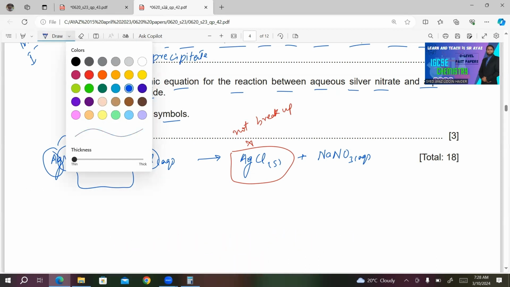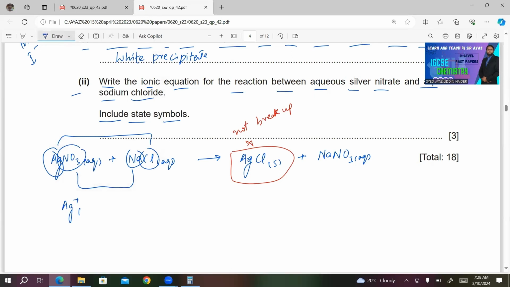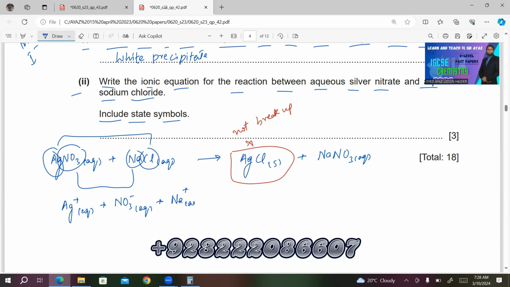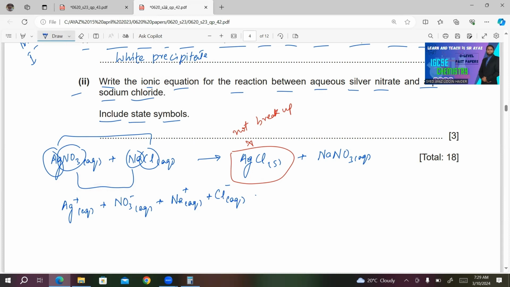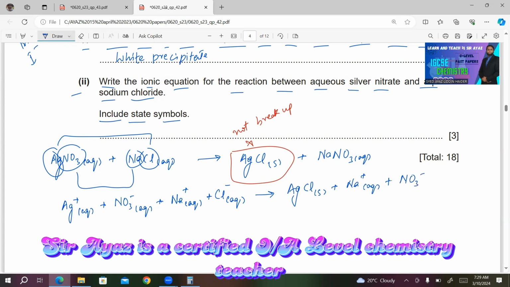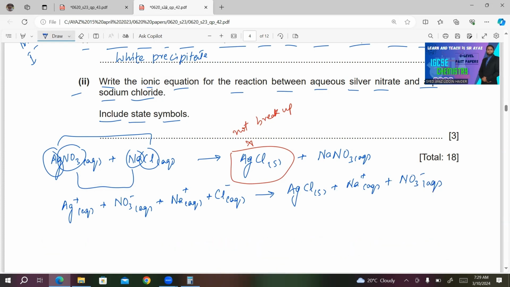So AgNO3 will give Ag plus aqueous plus NO3 minus aqueous plus Na plus aqueous plus Cl minus aqueous gives AgCl solid plus Na plus aqueous plus NO3 minus aqueous. So spectator ions will be cancelled out.